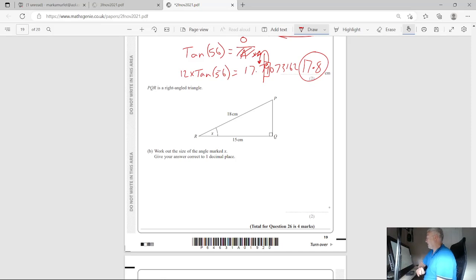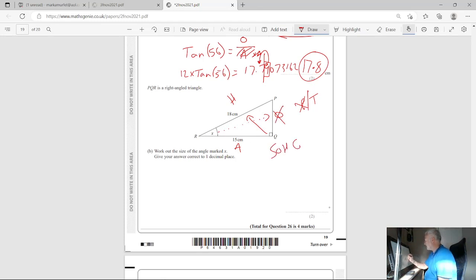Okay, PQR is a right angle triangle. Pythag, trig. Work out the size of the angle. Well, Pythagoras isn't going to tell me anything about angles at all. So I'm after the trigonometric ratio. So hypotenuse, there's my angle, that's my opposite, there's my adjacent. I don't know the opposite, and I don't want to know the opposite.